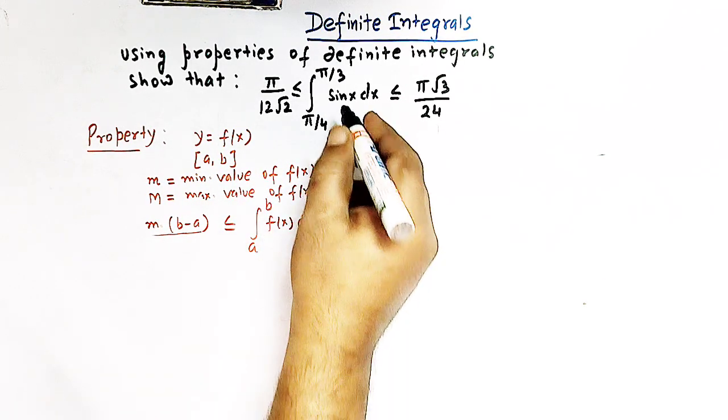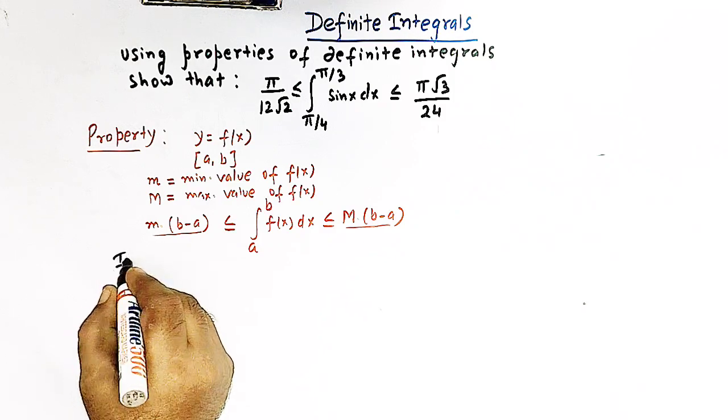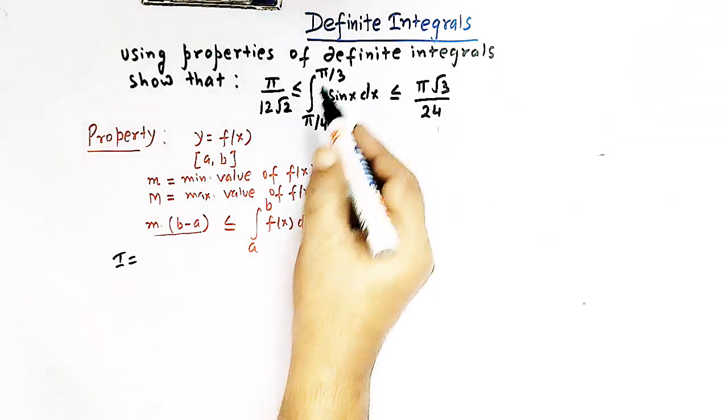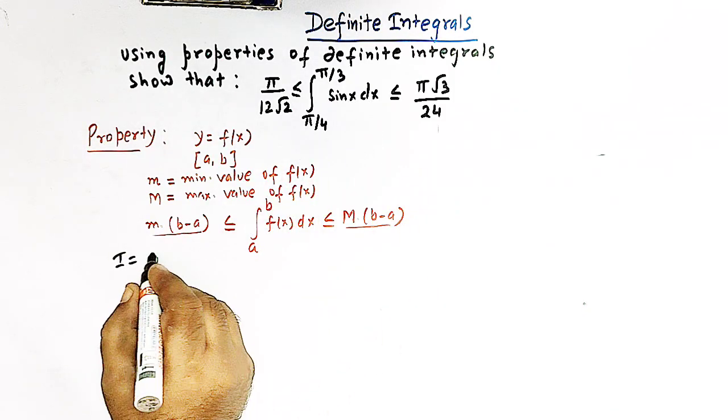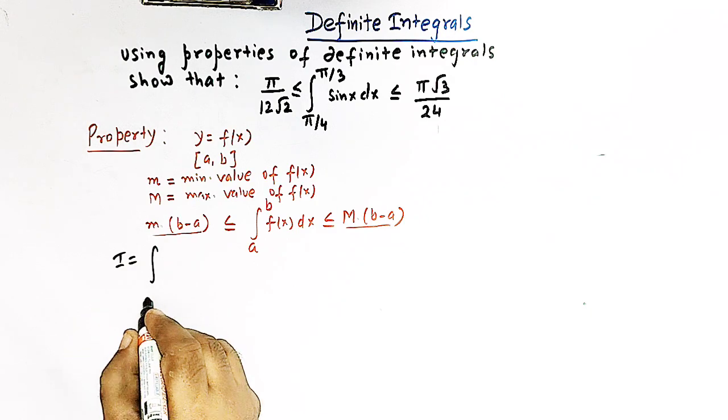So let us first take the integral from pi by 4 to pi by 3 of sine x dx as I, right?